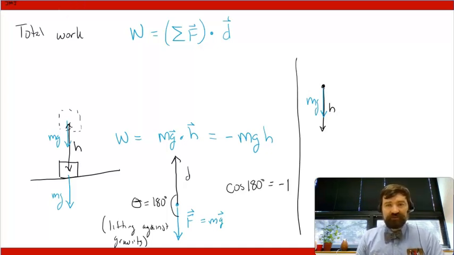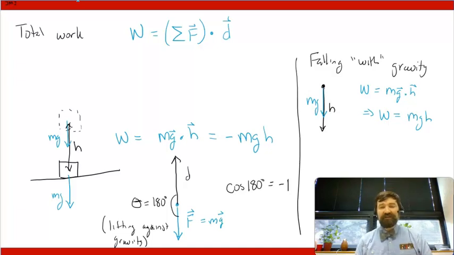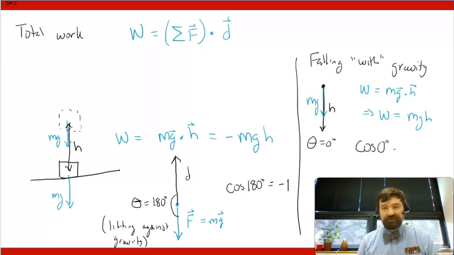In this case, where it is falling, we could say with gravity, or under the influence of gravity, or in free fall, whatever you want to call this. In this case, my work is again m times g dot h, but this time the work is mgh. The work done by gravity is positive, because over here I have theta equals 0 degrees, and I know that the cosine of 0 degrees is positive 1.